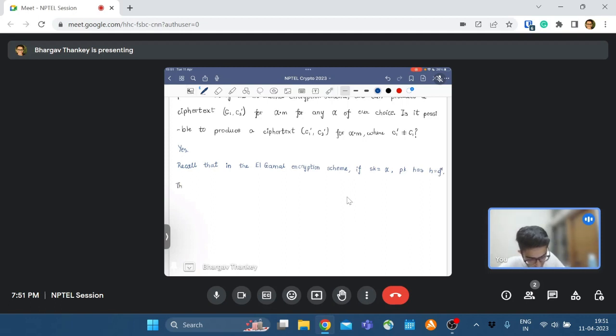The encryption of M is C1, C2, where for a beta chosen random from ZQ, here Q is the order of the group, C1 is g to the beta and C2 is as before.